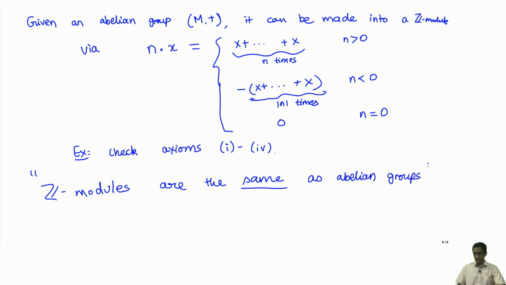In other words, given a Z module, I can look at the underlying abelian group and given any abelian group, I can make it into a Z module in this manner. So that's our first example of a module which is not a vector space. Next time we will look at another example which is slightly more non-trivial than this one.